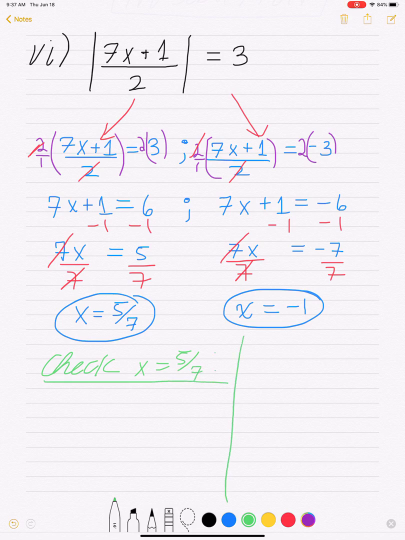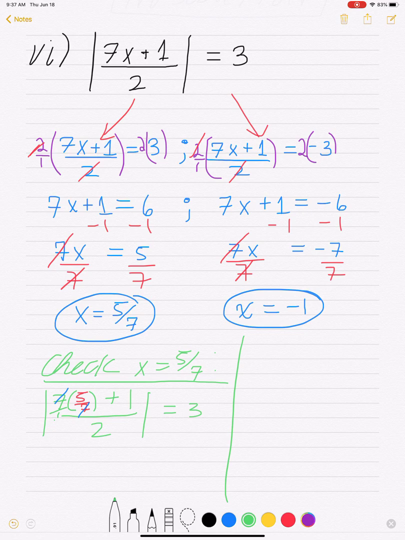So we have the absolute value of (7 times blank plus 1), all divided by 2, equals 3. Let's check it out. In place of the blank, I'm going to put 5 over 7. Now understand that this is actually 7 over 1, so this 7 on top is going to cancel with this 7 on bottom.